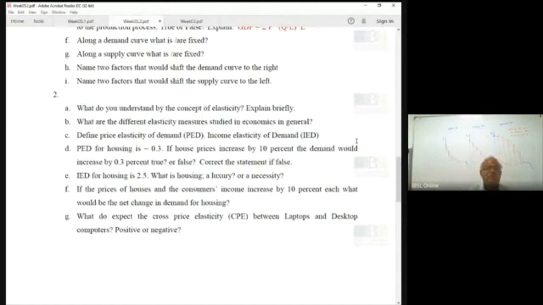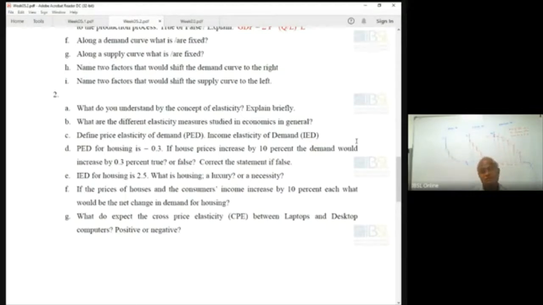Some very slow, necessities. Price of rice, you don't change that much. Demand will not change that much. It is the responsiveness of the consumer to the change in price, or change in income, or change in price of other goods. The price elasticity of supply is the suppliers' or farmers' response to the change in price of the good, right?